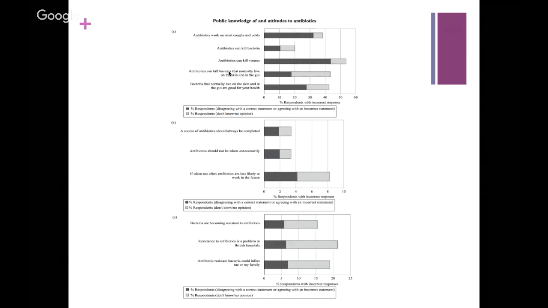The dark gray is the respondents that disagreed with a correct statement or agreed with an incorrect statement, and the light gray is those who didn't really know. Just to give you some numbers, 38% of the participants didn't know that antibiotics are ineffective medicines for colds and coughs, and 43% didn't know that antibiotics kill the normal beneficial good bacteria on our skin and in our gut. So obviously there's quite a bit of ignorance going on in this group of adults that were tested.